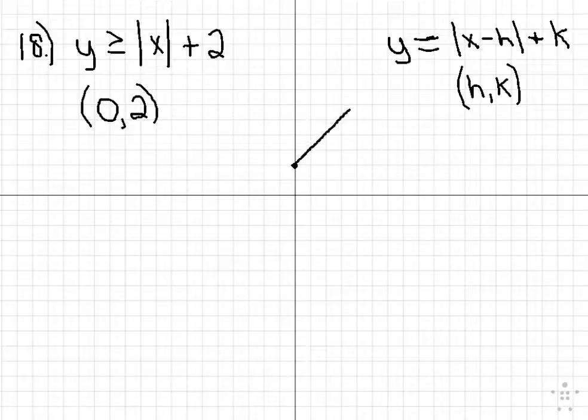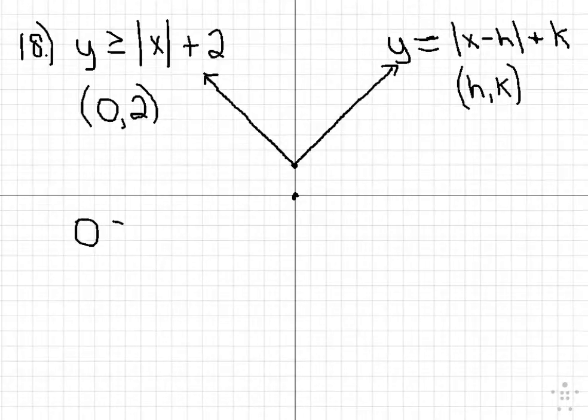And because this is an inequality, and because it's an equal, it is a solid line. And then we have to check to see if the solutions outside of the V work or inside the V work. So again, let's choose the point (0, 0). So 0 is greater than or equal to the absolute value of 0 plus 2.